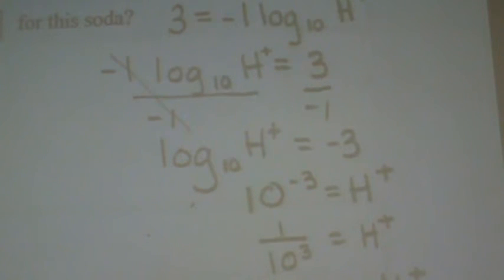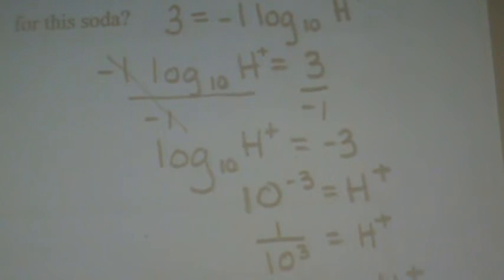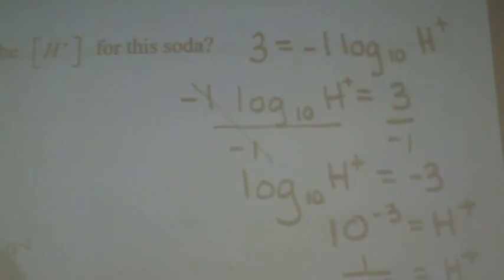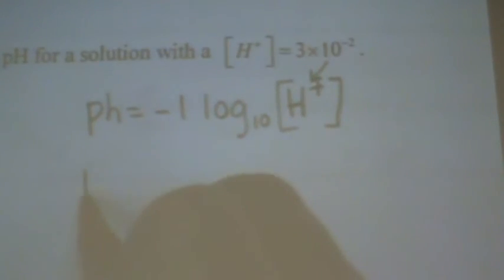Okay, and the last question for the notes today. It says find the pH, so now we're gonna find pH for a solution that has an H plus equaling that. So now, here's your formula, pH. So there's your formula. This number now goes in that spot.